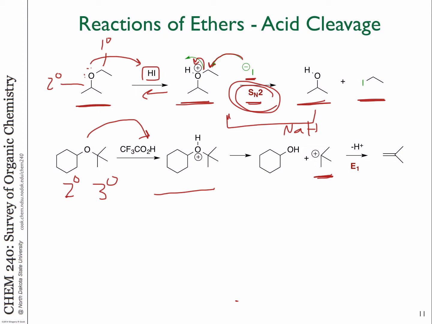So this bond can break to form a carbocation. If you had something nucleophilic, a good nucleophile, you could add to that, but oftentimes what happens is you lose hydrogen through the E1 mechanism. So that's an E1 reaction from here to here. So not only do you form the alcohol, a byproduct in that case is a double bond.